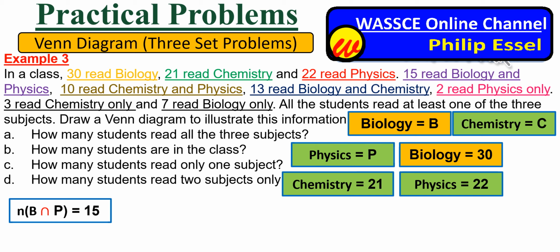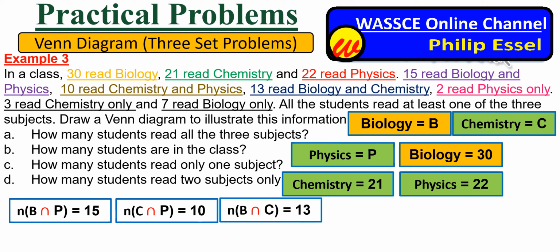This would represent chemistry intersection physics. So let's write chemistry intersection physics equals 10. From the question, 13 of these students read biology and chemistry. So that means that biology intersection chemistry is equal to 13.